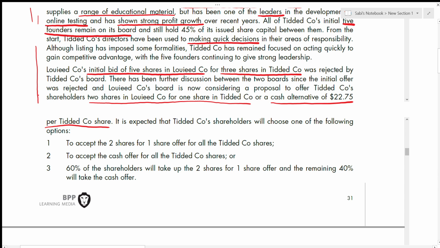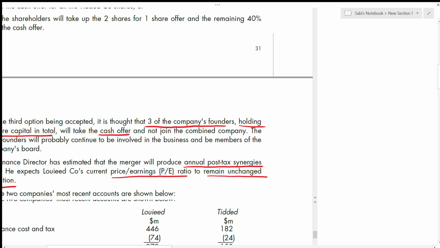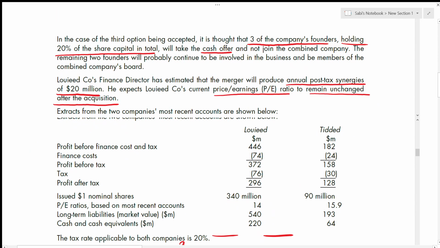First we need to find the value of 1 share in L company to find the value of the traded company shares, right? 5 shares in L, that means first we have to find the value of 1 share in L. To find that, we just have to use this table, right?